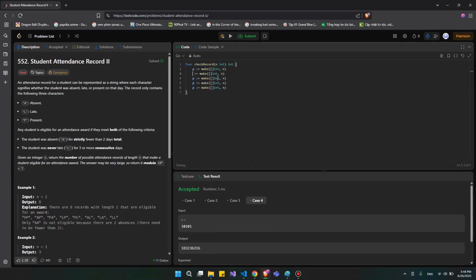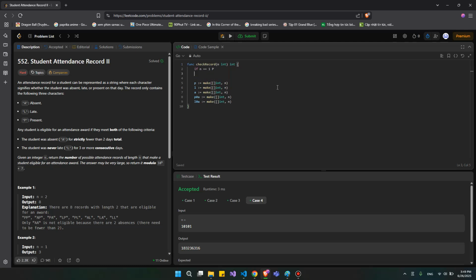We need to check the base case if A at 0 is no, 0A. Yes, we also need to check the base case.